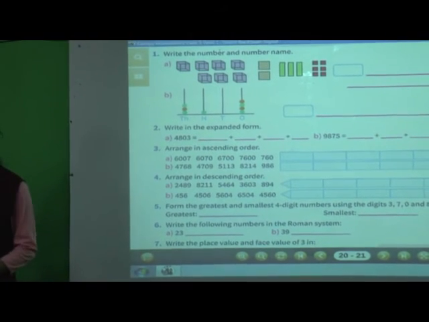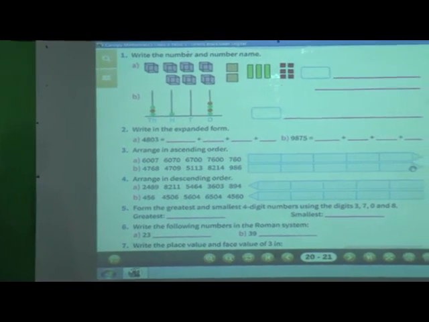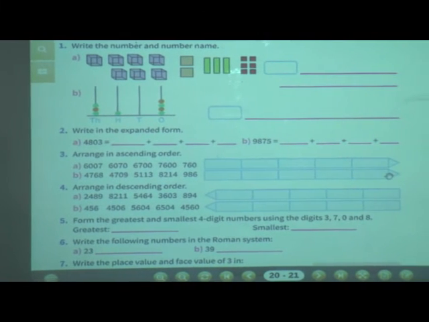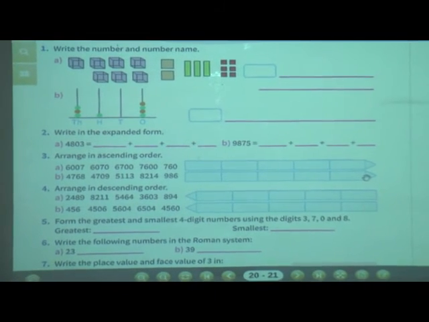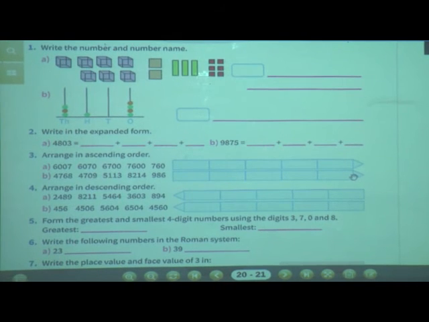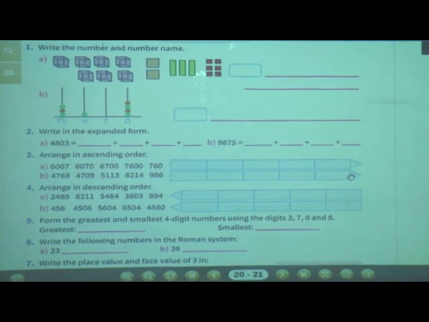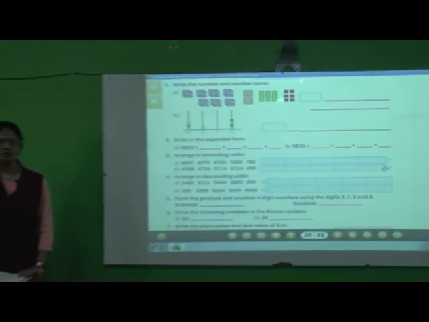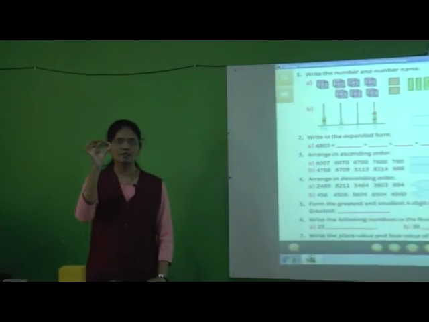Before solving the first question, I would like to tell you about ones, tens, hundreds and thousands. Now see here, I will show you 1. This is a 1. Can you see? This is a small square. So it represents 1.